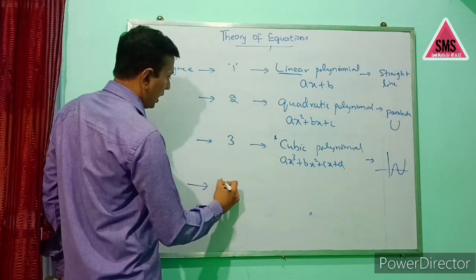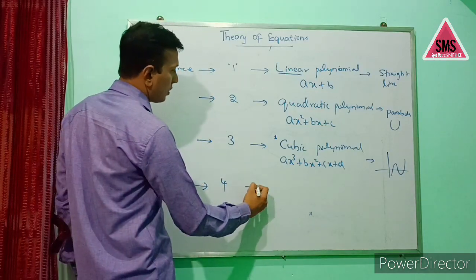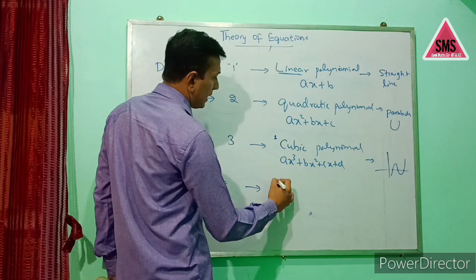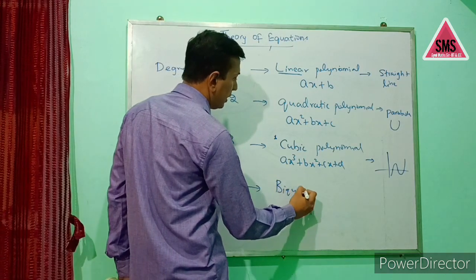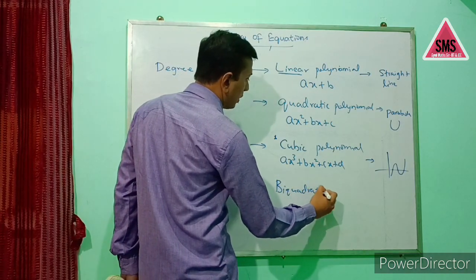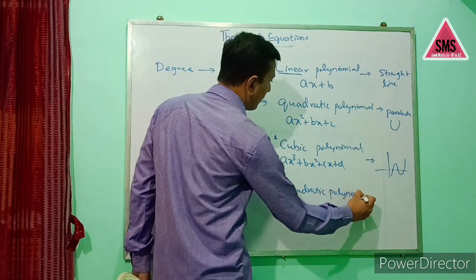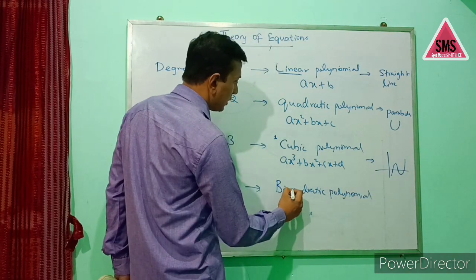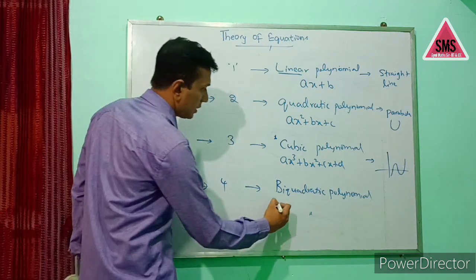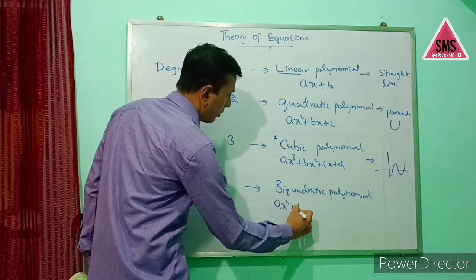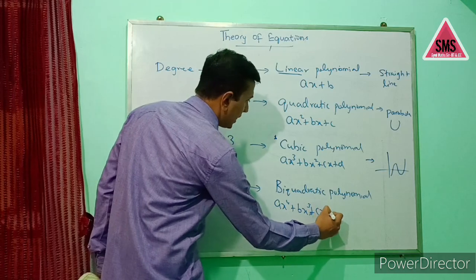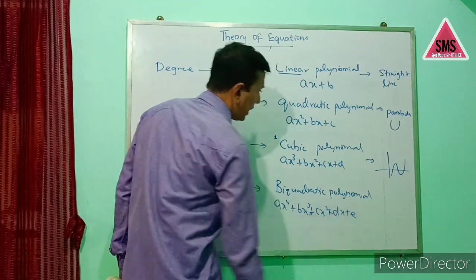If the highest degree is 4, then we call it a biquadratic polynomial. What is the meaning of biquadratic polynomial? The highest degree is 4. Ax power 4 plus bx cube plus cx square plus dx plus e.